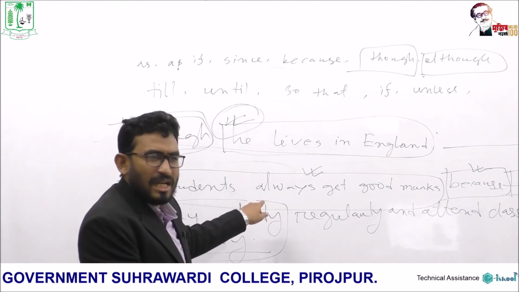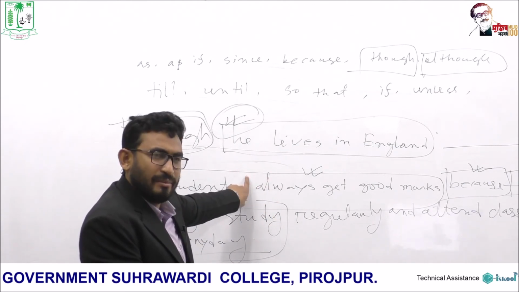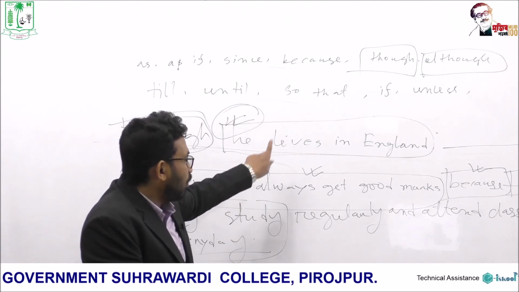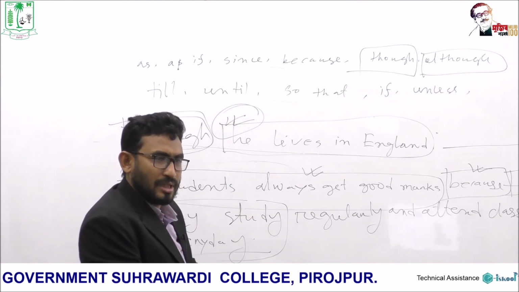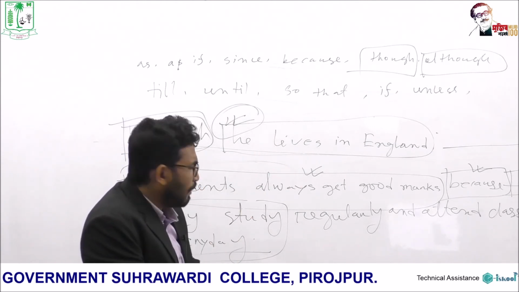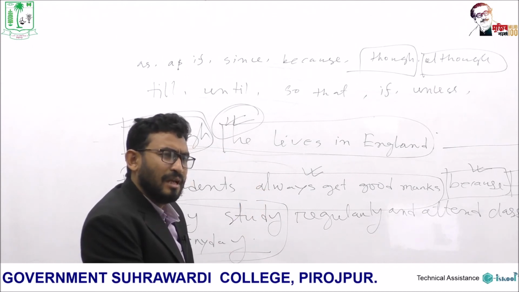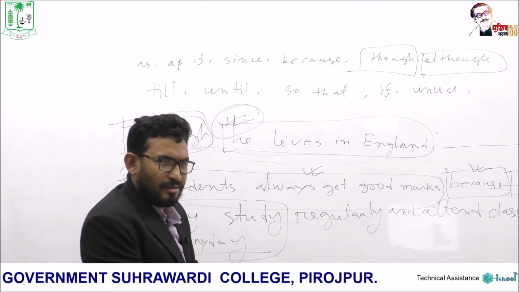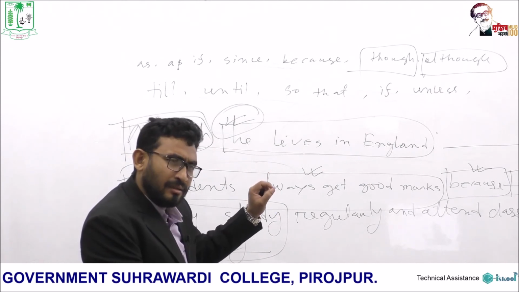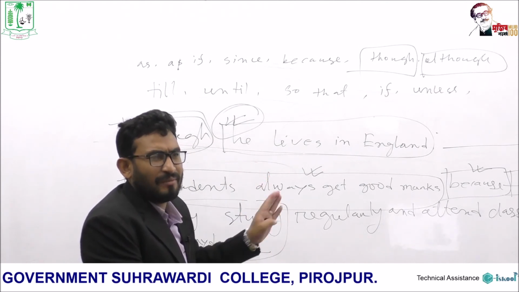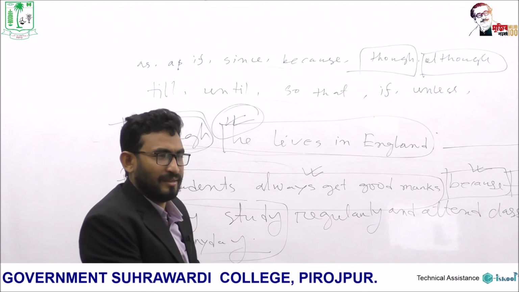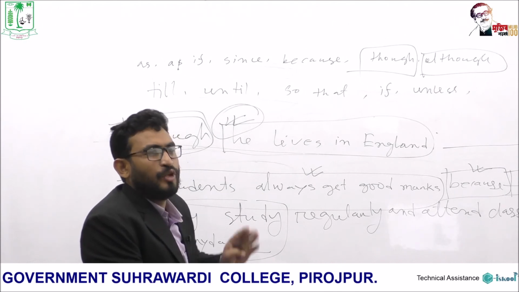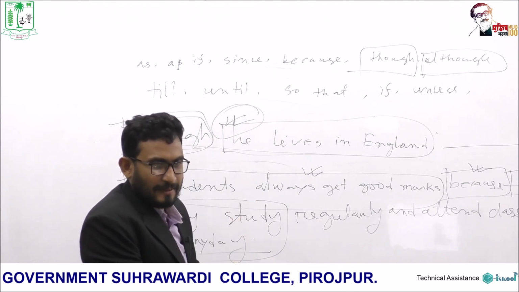You have to analyze what kind of clause and what kind of conjunction is given. Based on the conjunction and the clause given, you have to write the other clause or phrase. This is very important. These are the fundamental points of doing completing sentences.